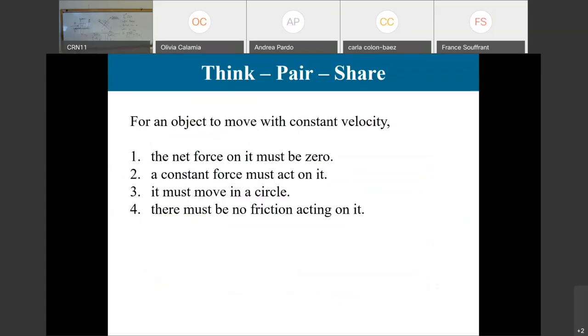Of course, in a different direction. 5 newtons goes down. It's the weight of the bucket and the water. 5 newtons will be enough to bring it up at constant rate, because the forces are in equilibrium. You have 5 newtons going up, 5 newtons going down. What's the net force? 0. And that should be the answer for this question. For an object to move with constant velocity, the net force on it must be 0.